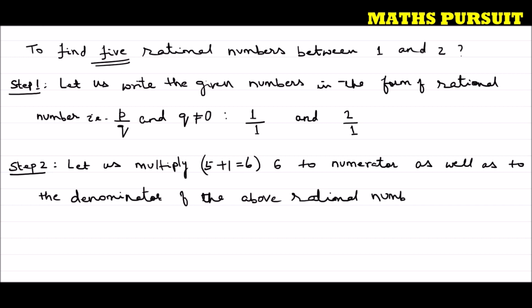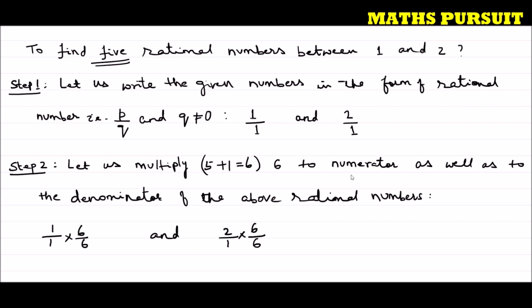As I told you, we multiply 6 upon 6: so 1 upon 1 into 6 upon 6, and the other number will be 2 upon 1 into 6 upon 6.